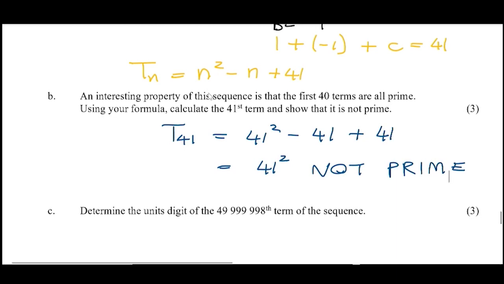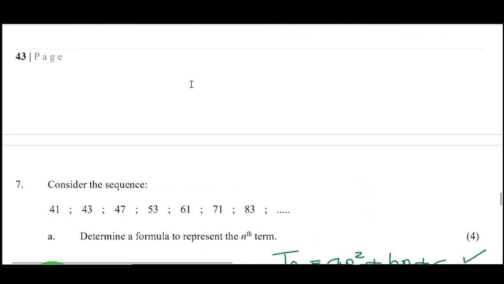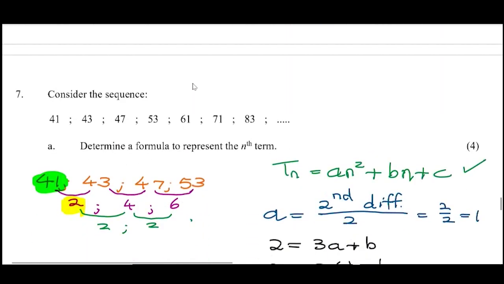Then it says determine the units digit of this term of this sequence. Now, if we look at the sequence, the units digits follow a pattern. They go 1, 3, 7, 3, 1, 1, 3, 7, 3, 1, and so on.